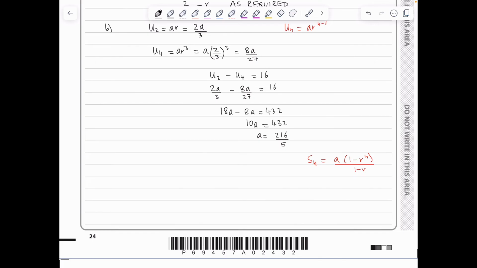So in our case, S10 will simply be the a, which is 216 over 5, times 1 minus r, which is 2/3 raised to the power of 10, over 1 minus r, so 1 minus 2/3. Let's plug everything on the calculator. We get 127.3525..., which to 1 decimal place would be 127.4.